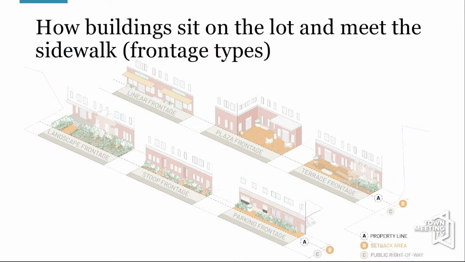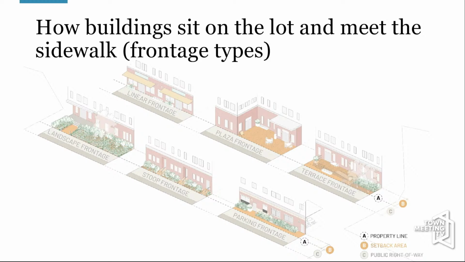So this is a list of 6 of these frontage types. For example, there's one frontage type called the linear frontage for storefronts built right up to the sidewalk, with active commercial spaces.